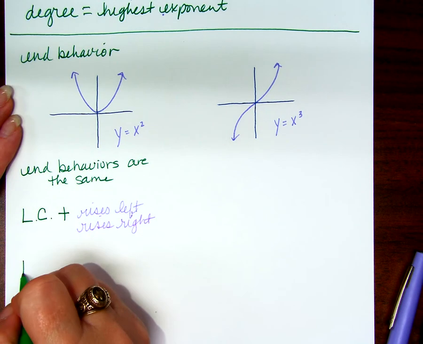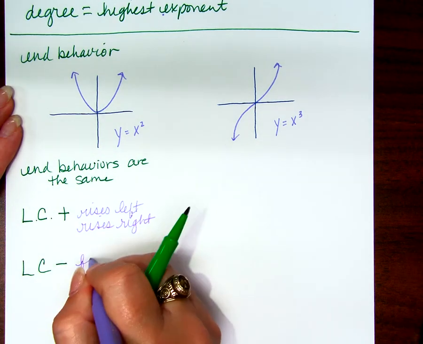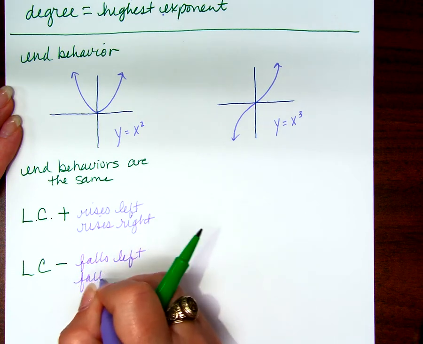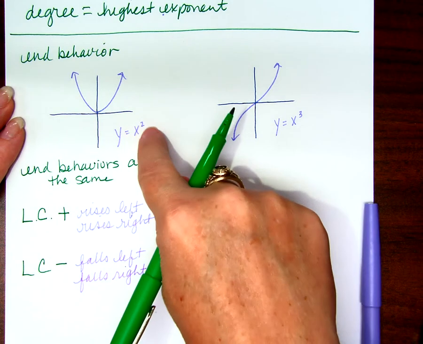What happens when the leading coefficient is negative? Falls left and falls right. Now, do you see why I keep this in my head?